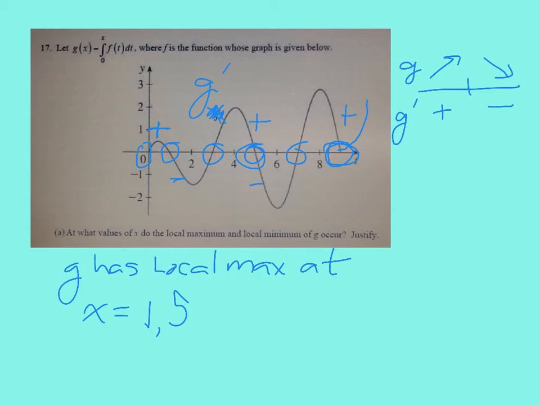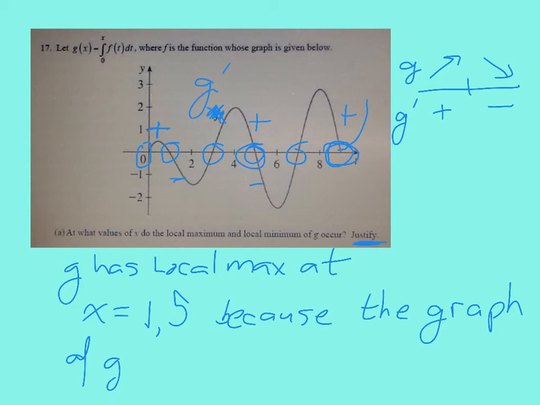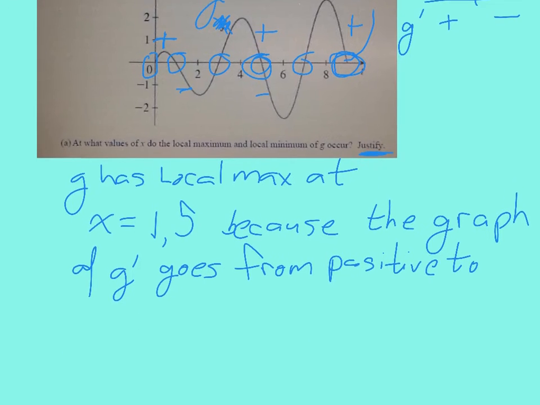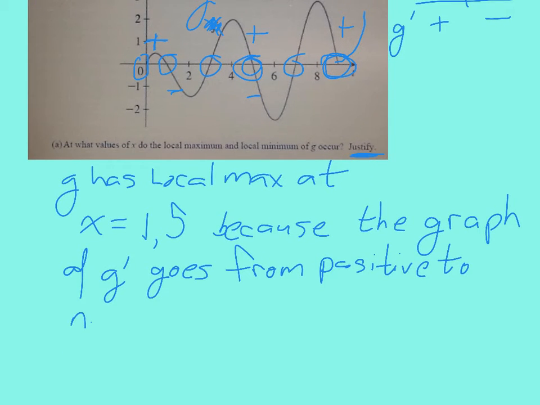Okay, so we're going to say it has a local max at x equal to 1 and 5, and we'll say, because we have to justify our answer, because the graph of g prime goes from positive to negative. And that's how we would justify that.